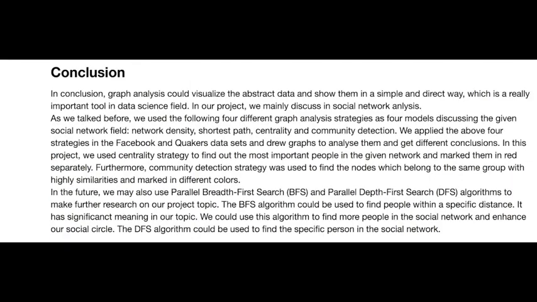So in our project, we did some research on graph analysis using two given data sets. The first one is Quickers and the other is Facebook. We have 4 different stages in the project: network density, shortest path, centrality, and community detection.